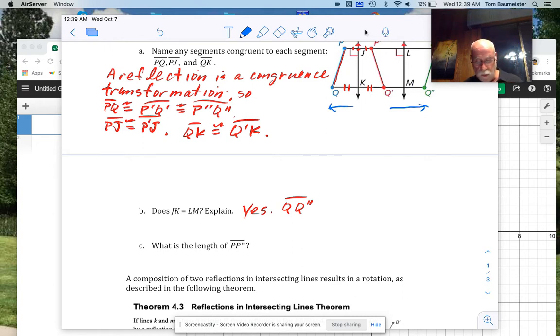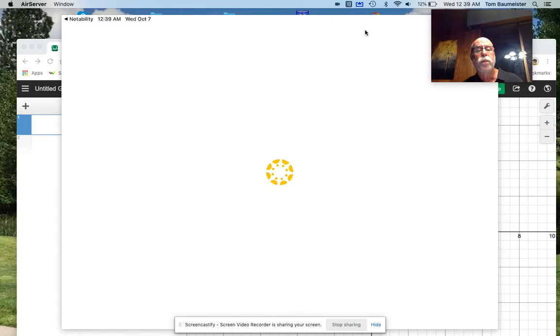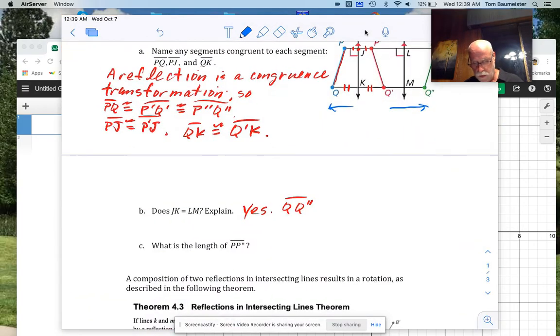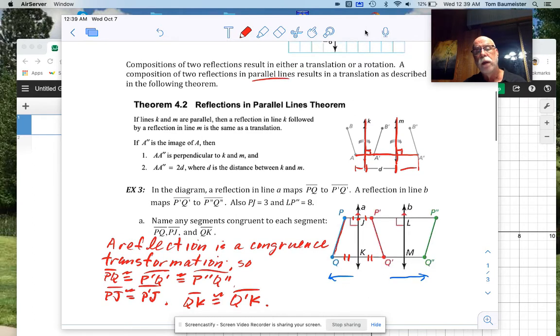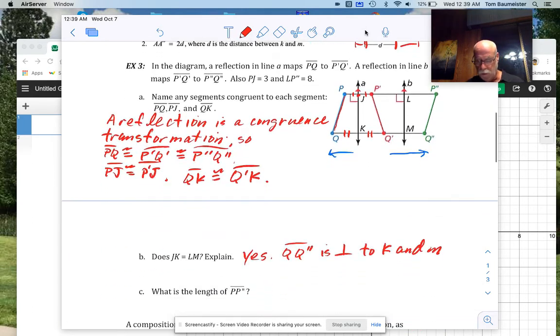So we know that Q double prime is perpendicular to both K and M. And we just talked about it when we said that. So there A double prime is our Q double prime. Okay.